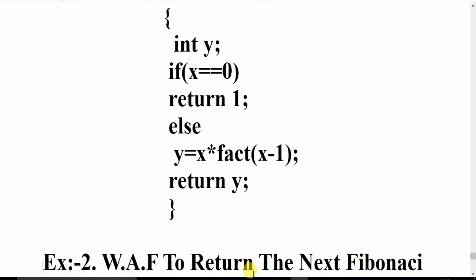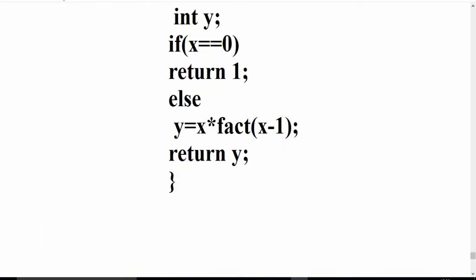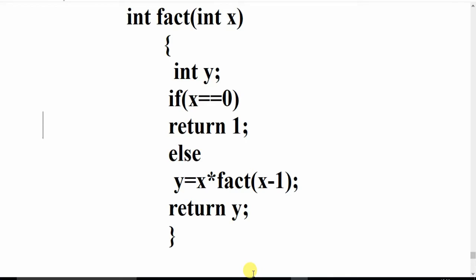So right now, what does y consist of? y equivalent to 1 into fact of 0. Fact of 0 is returning 1, so 1 into 1 is 1, and like this we get the factorial value. The factorial of 5 should return 120.